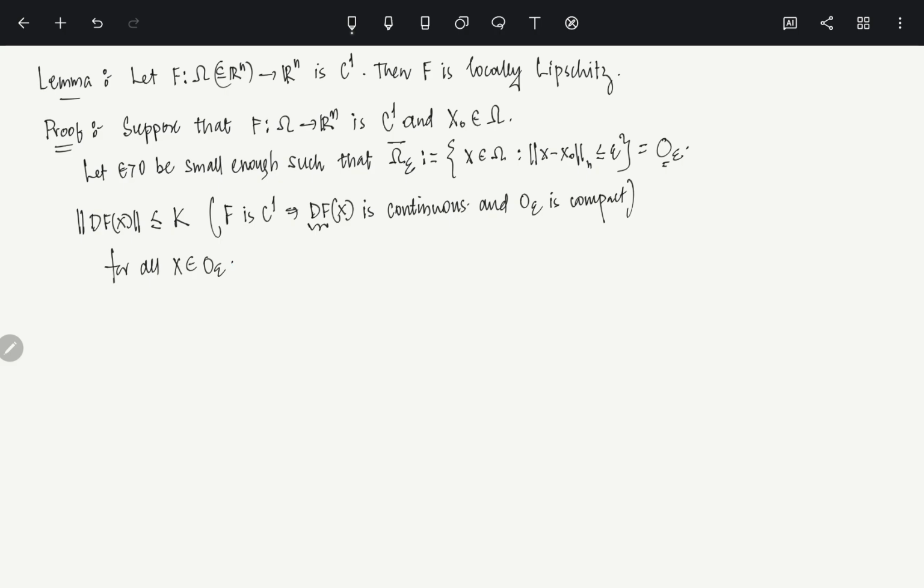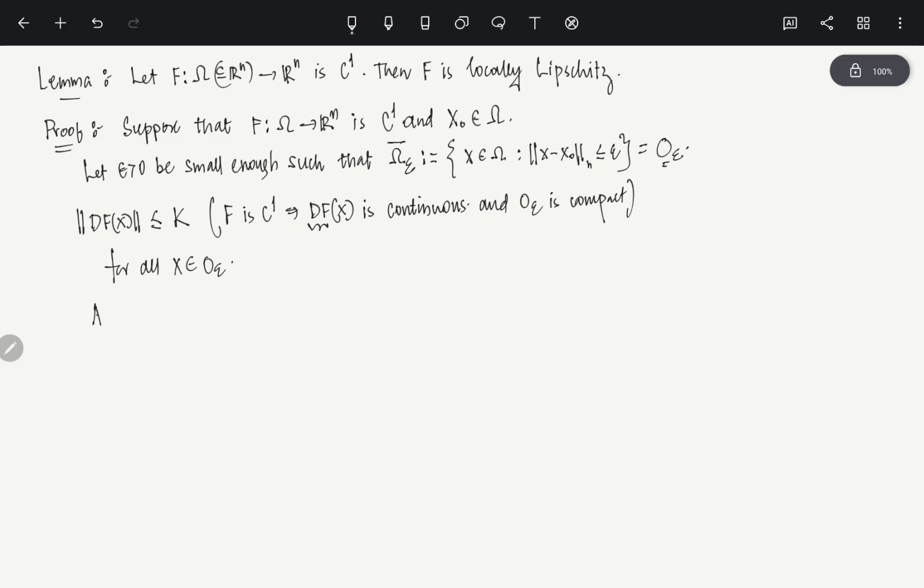If you are choosing your x from O epsilon, you are restricting df to a compact set, and we know that a continuous function on a compact set is going to be bounded. So basically it attains a maximum somewhere on the compact set, that is what I wrote. So the norm of dfx is bounded. Clear? Okay.